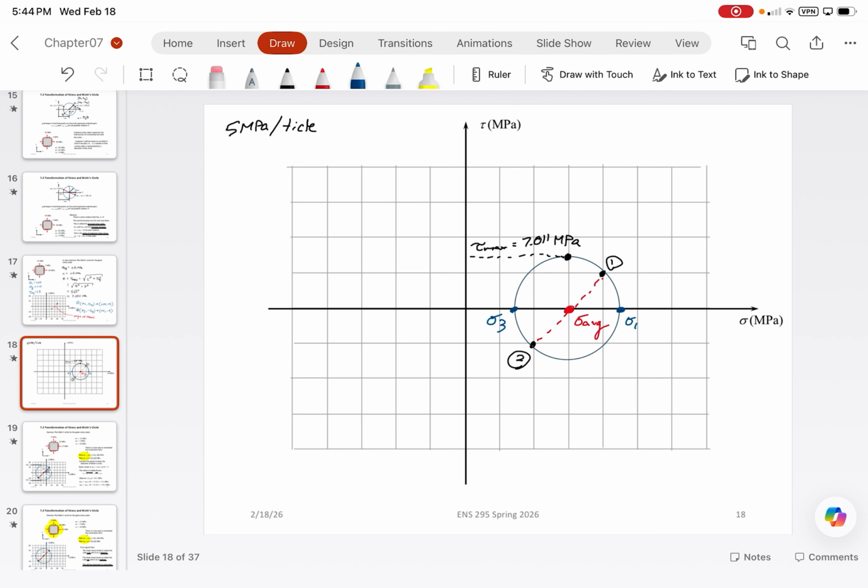Exactly. So the maximum normal stress, sigma 1, is just going to equal sigma average, which we said was 15 megapascals, plus the 7.011 megapascals, which gives us 22.011 MPa. And then sigma 3 is just going to be the same thing, but instead minus.